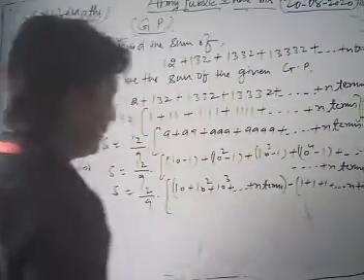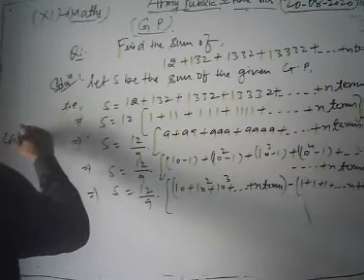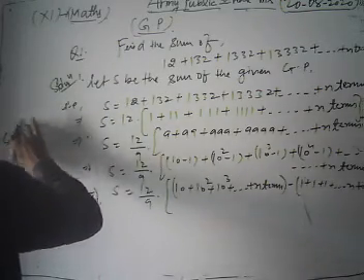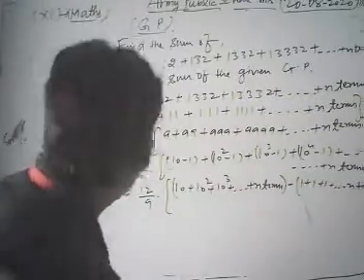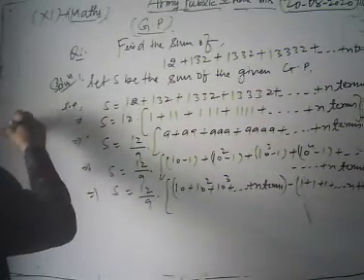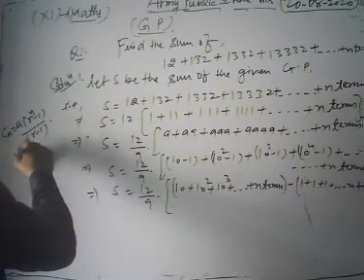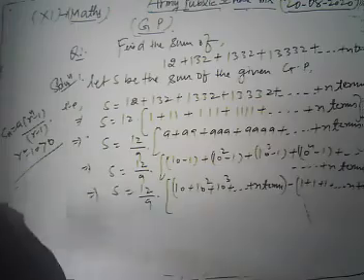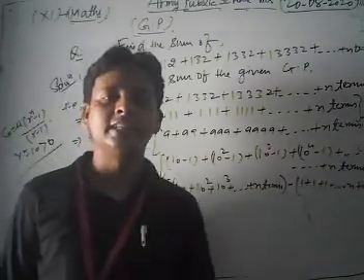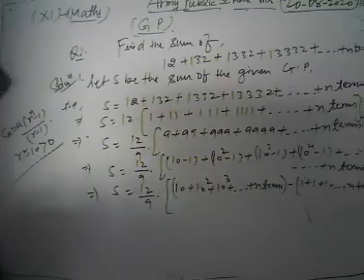Now here we apply the formula for the sum of a GP: Sn is equal to a (r to the power n minus 1) upon r minus 1, because r is equal to 10, which is greater than 1. Here the value of r is greater than 1, so we must apply the formula a (r to the power n minus 1) upon r minus 1.